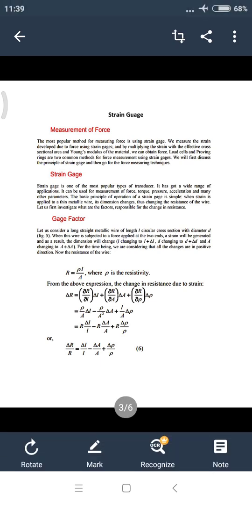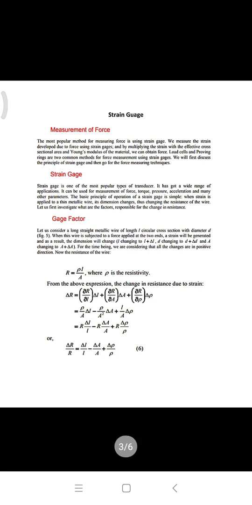These parameters change only due to the application of force, so the force can be measured in the form of the change in resistance.